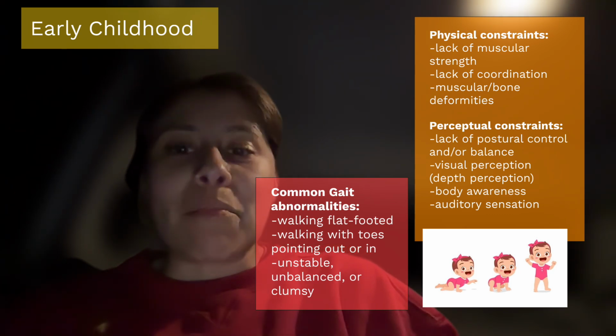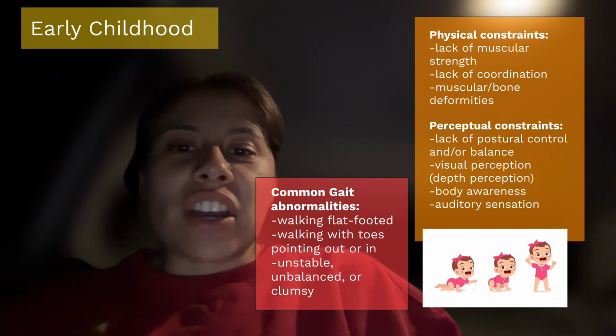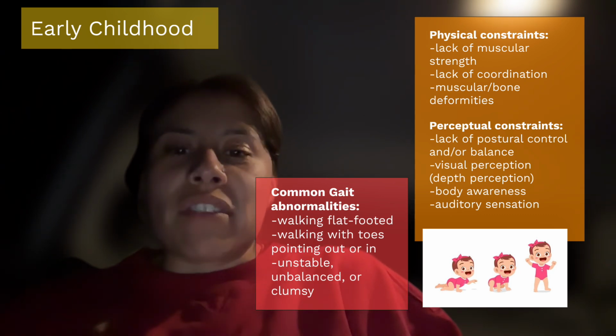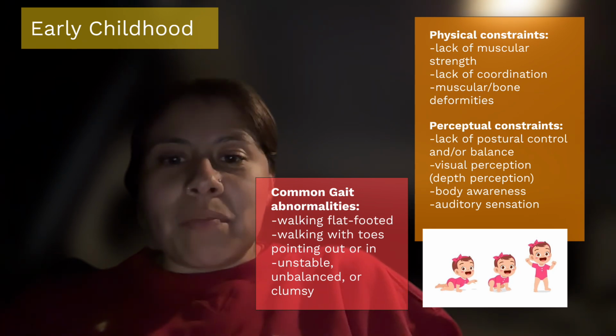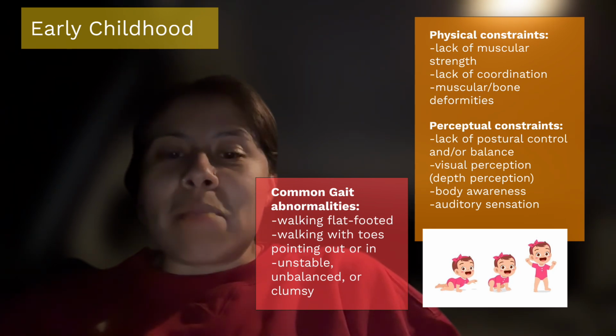Some common gait abnormalities during early childhood would be walking flat-footed or walking with the toes pointing out or in, being unstable, unbalanced, or clumsy as the toddler portrayed.